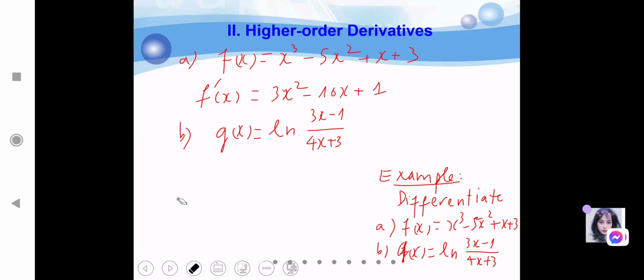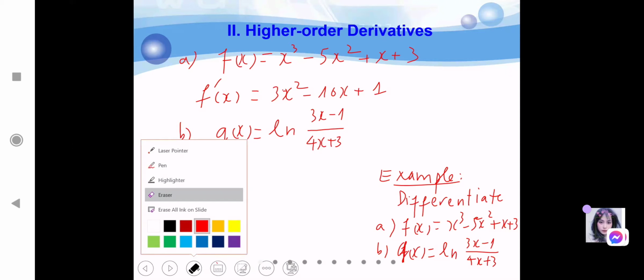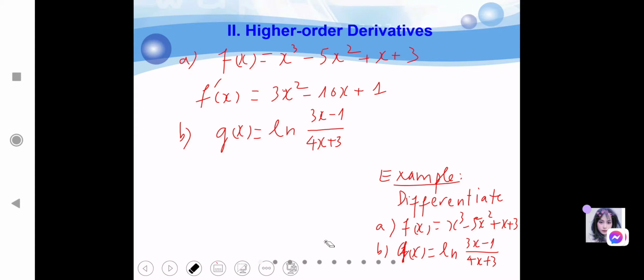To find g prime of x, we apply the natural log of u derivative, which equals u prime over u.